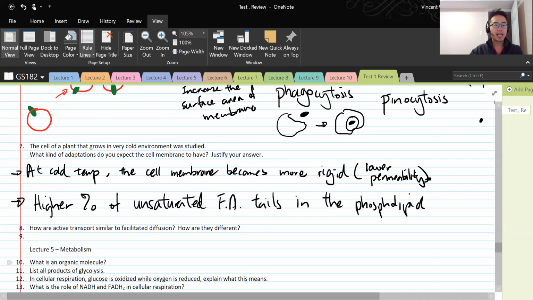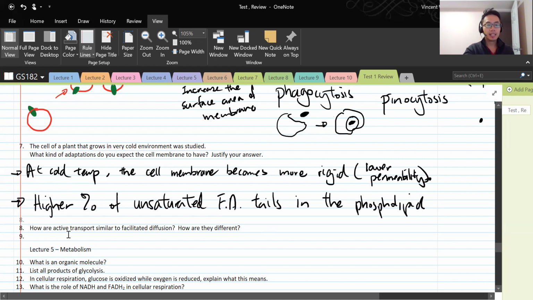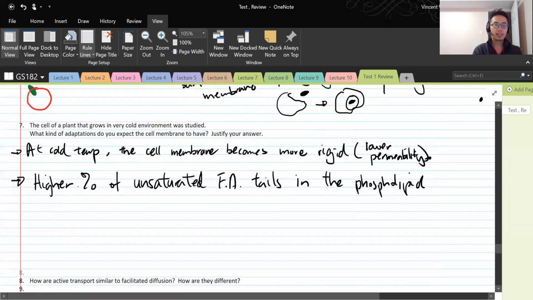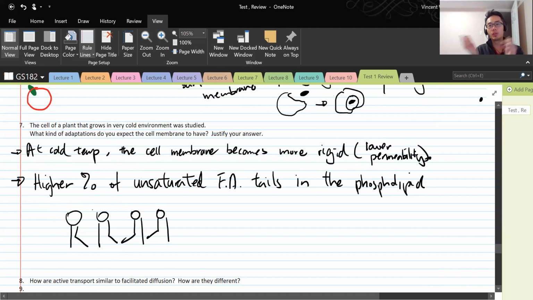Remember, if they are unsaturated fatty acids, then they don't pack as easily because of the kink. So if all of them have more unsaturated fatty acid tails, then the phospholipids will not pack as easily, even at cold temperature. So that's probably one of the adaptations, right?